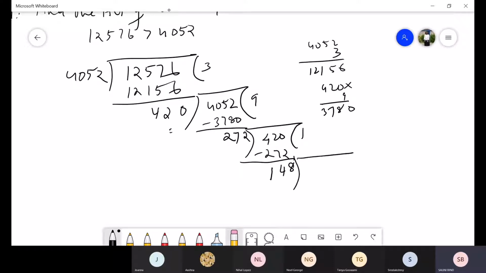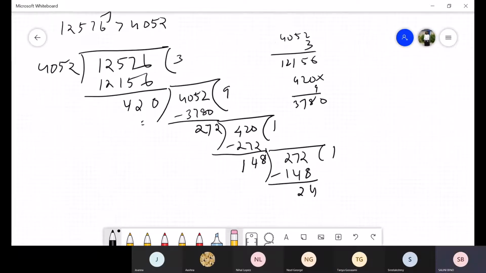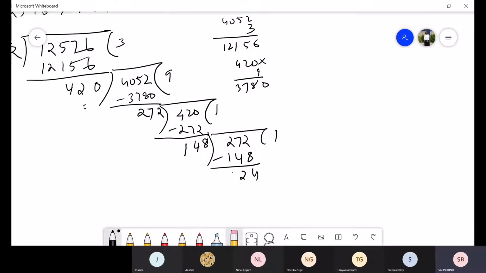Again continue until you get 0. 272 goes only 1 time, giving 124 as the remainder. Again continue: 148 minus 124, you will get 24.